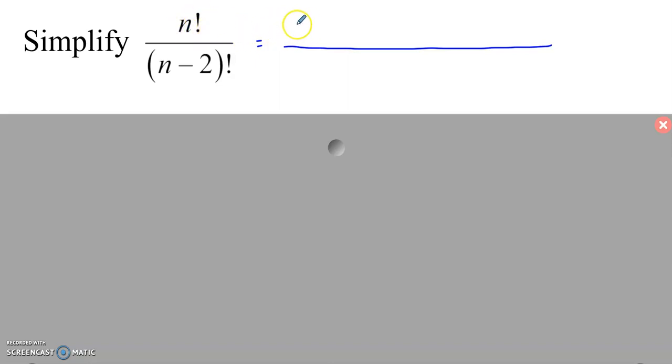But basically, when you do n factorial, that means you start with n, and the next number is 1 less than the number before it. So the next number is n minus 1. The next number is 1 less than that, which would be n minus 2. The next would be n minus 3. The next would be n minus 4, and so on and so on, all the way until you get to what?